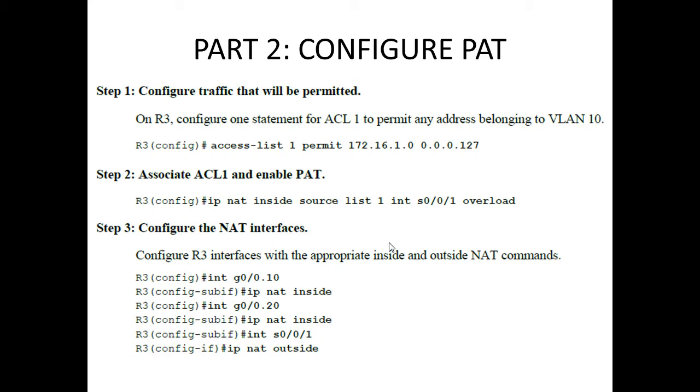During the translation, a different port will be assigned to each private IP address. So PAT is also known as NAT overload. You can see the difference: in dynamic NAT you have a pool of public IP addresses, but in PAT you only have a single public IP address.